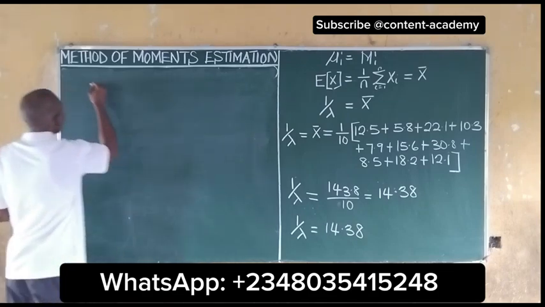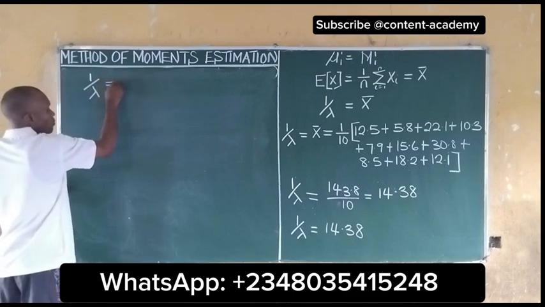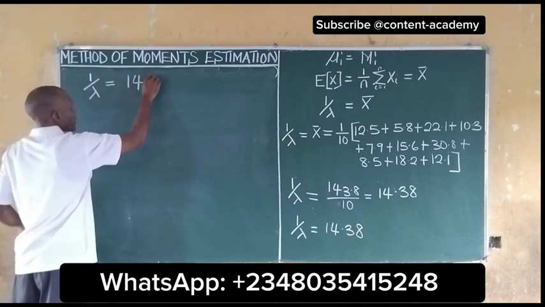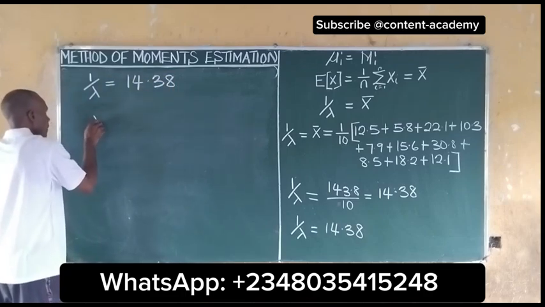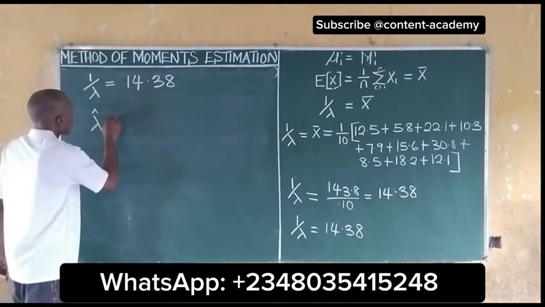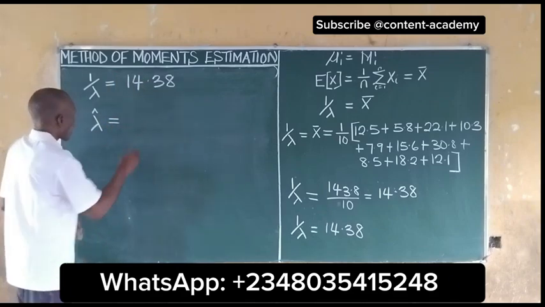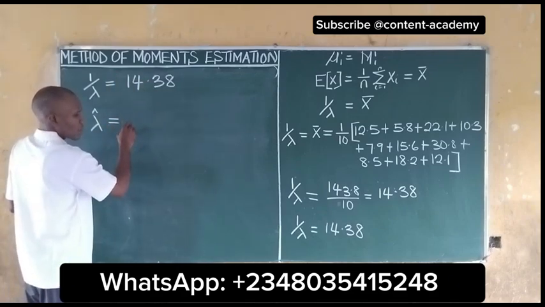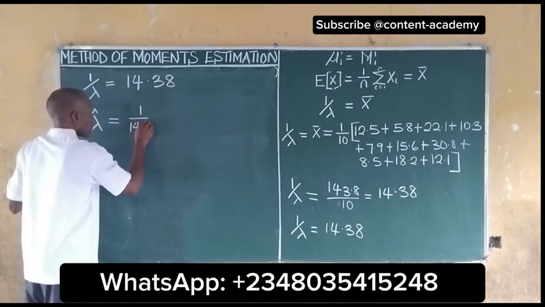So if we have 1 over lambda to be equal to 14.38, it then means that our lambda estimate for an exponential distribution, while estimating using the method of moments, will be 1 over 14.38.